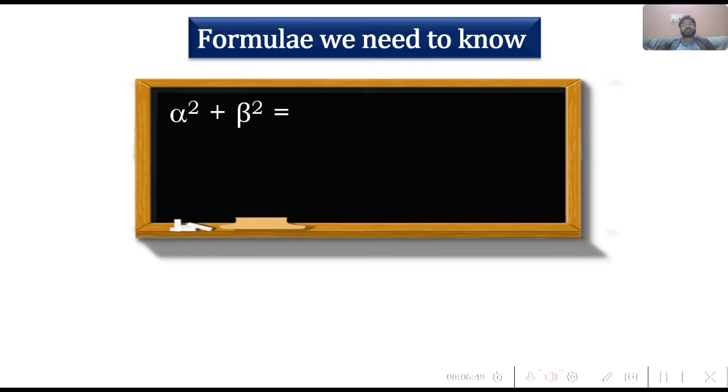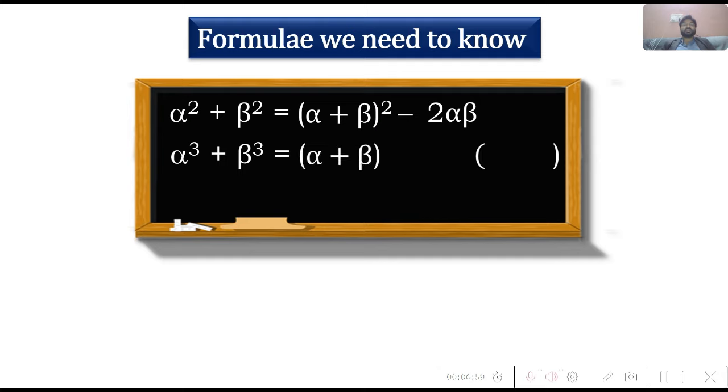Now for the next topic we have to learn some formulas. The formulas we need to know are: alpha square plus beta square is equal to alpha plus beta whole square minus 2 alpha beta. Alpha cube plus beta cube is equal to alpha plus beta whole cube minus 3 alpha beta into bracket alpha plus beta.